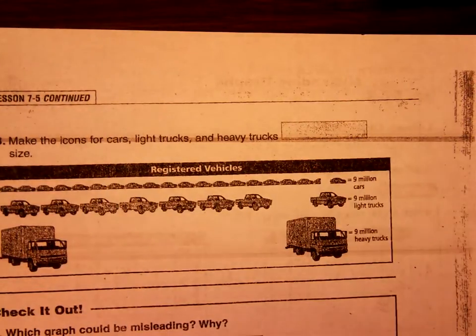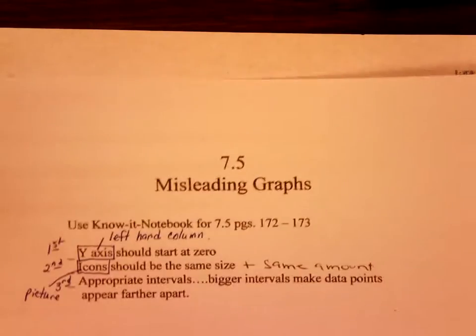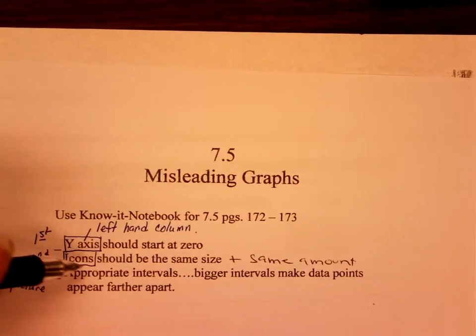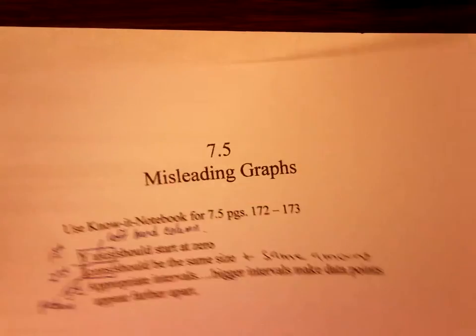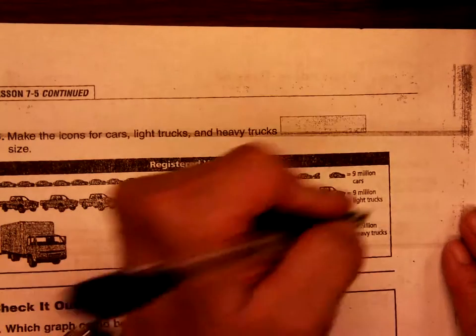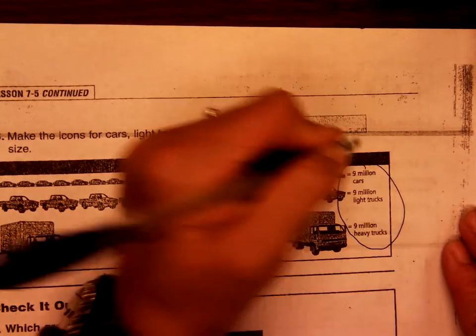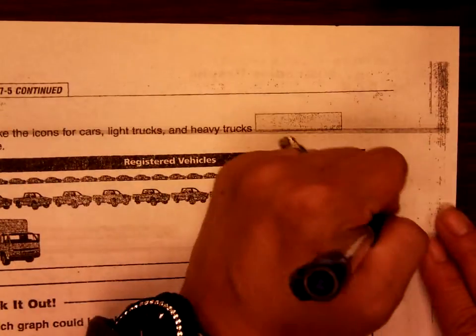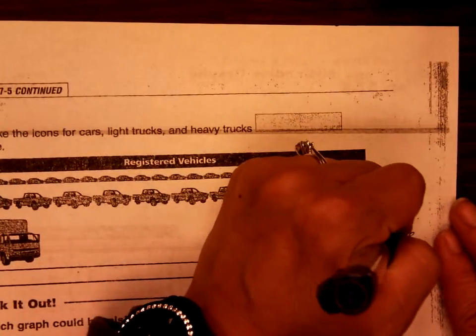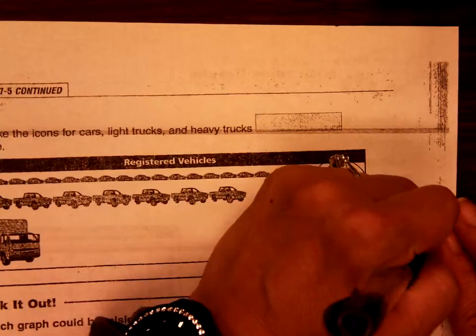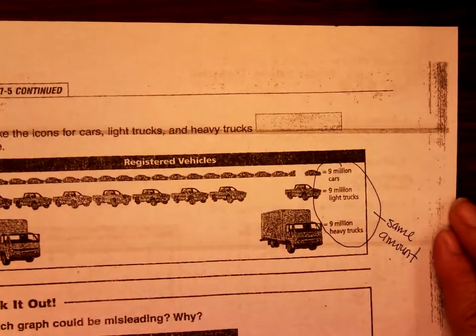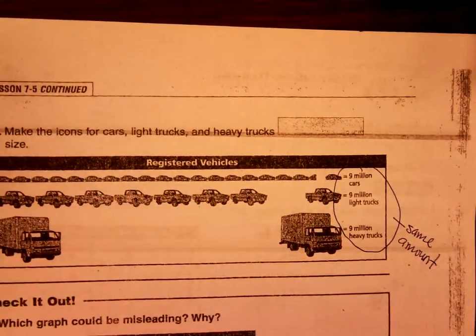So in your misleading graph, the first paper, it's the second one. It says icons should be the same size and the same amount. Well, they're the same amount right here. They're all equal to 9 million, but it's not the same size.